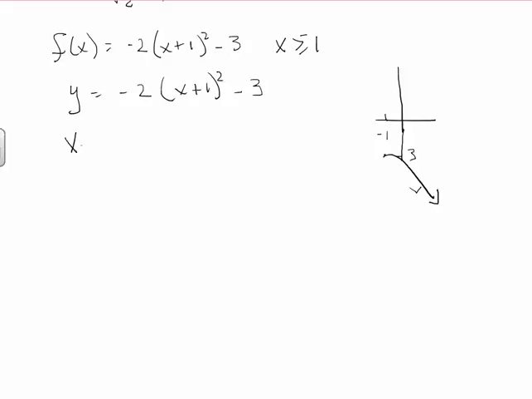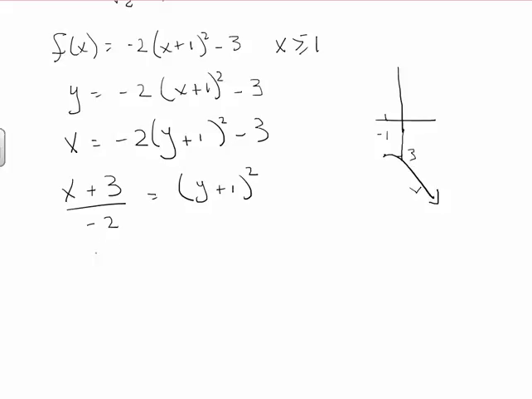So when we switch it, x equals negative 2(y plus 1) squared minus 3. And we can do some quick algebra. Let's try and do a few steps together here. Then we do the square root of (x plus 3) over negative 2, minus 1 equals the inverse there.